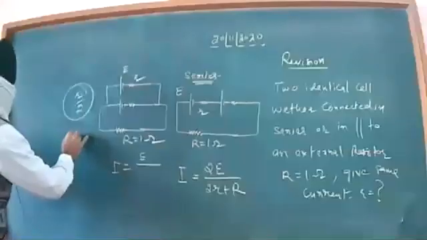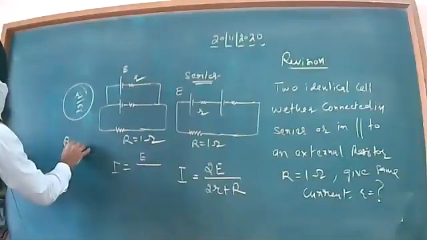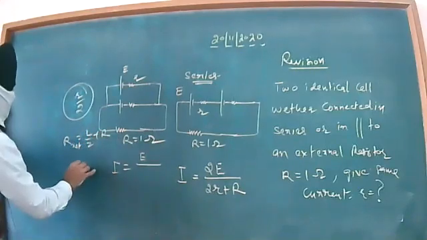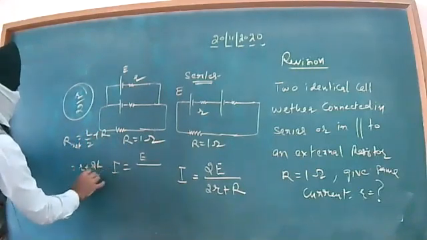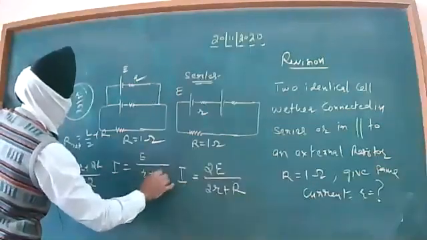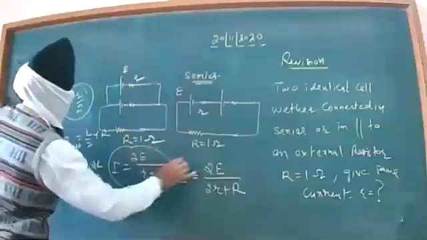So the net resistance is r by 2 plus capital R, which is r plus 2R upon 2. So the current will be E divided by (r plus 2R) divided by 2, and that 2 will now be in the numerator.